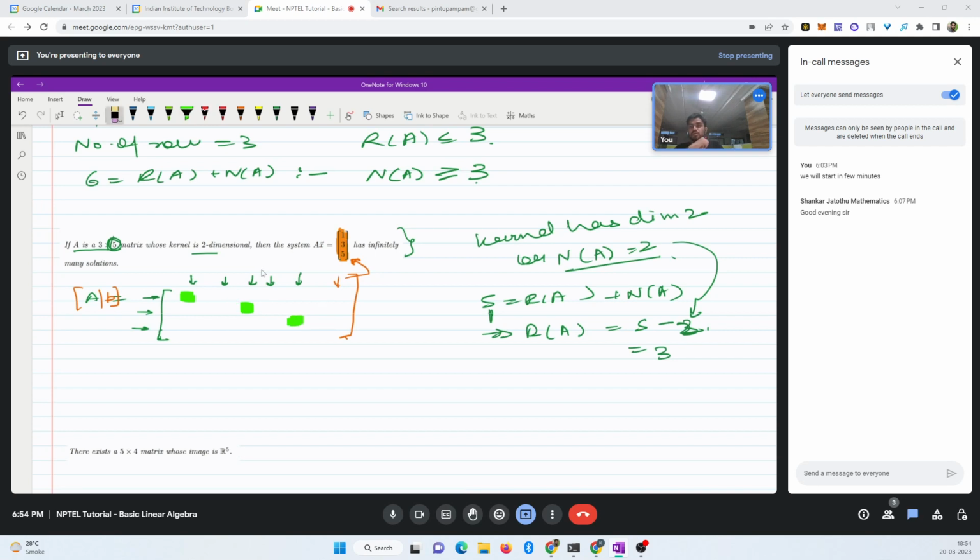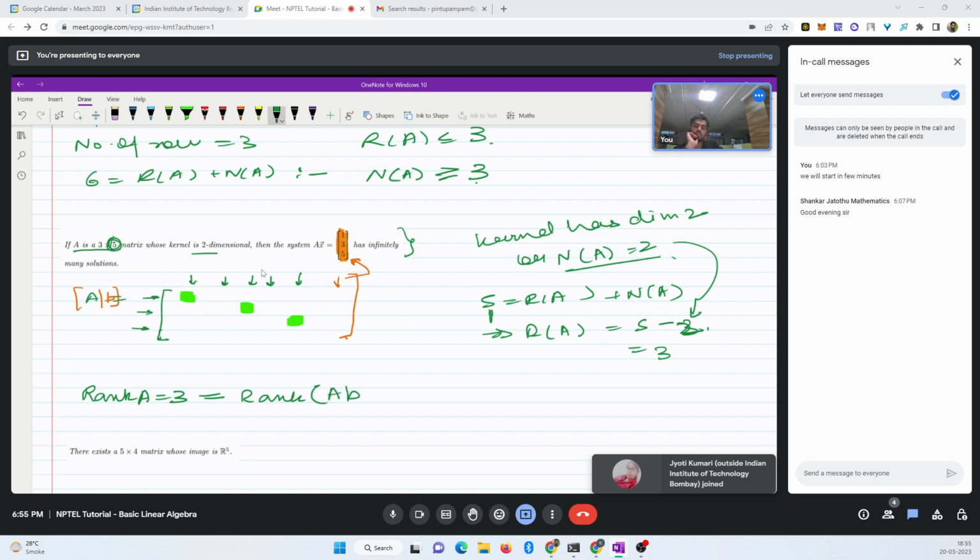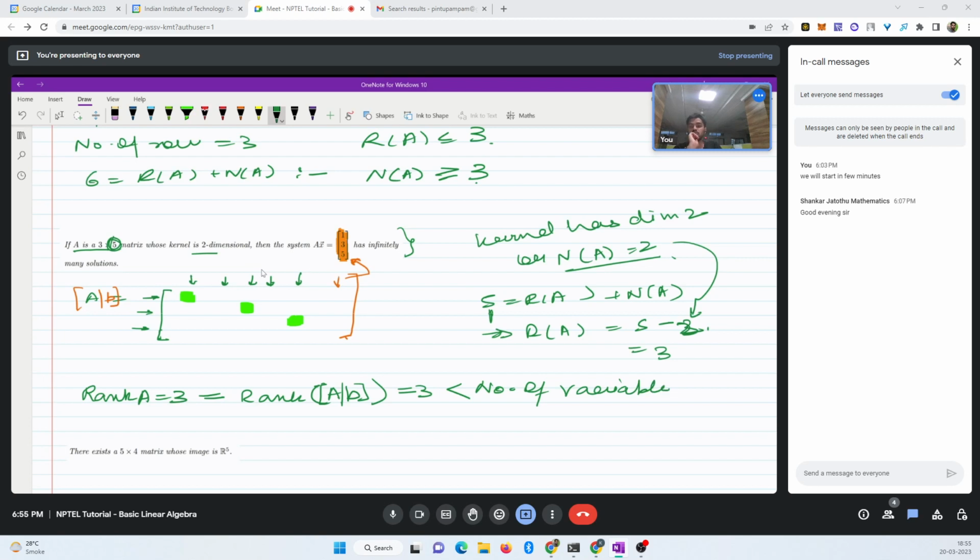Okay, so what does that mean? That means that rank of A is equal to 3, which is equal to rank of A augmented with B, and which is strictly less than the number of variables, because my number of variables is equivalent to the number of columns, which is 5.